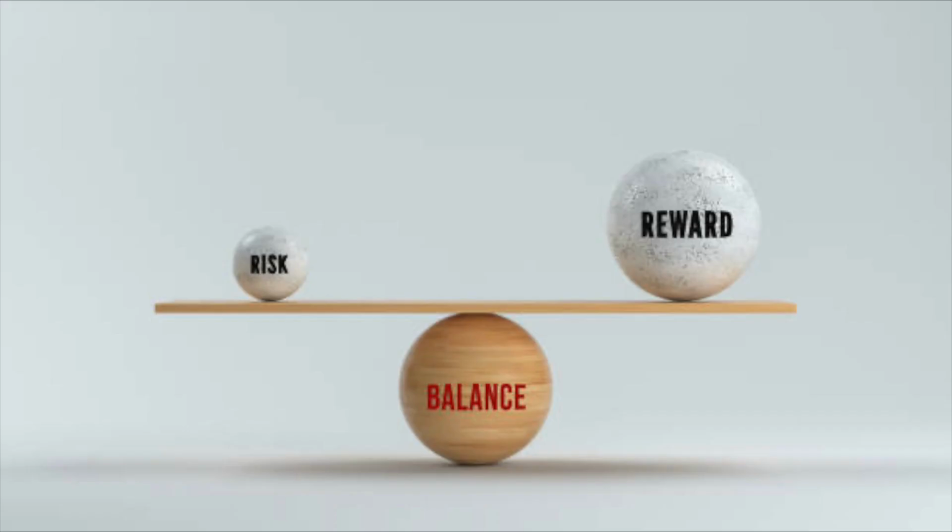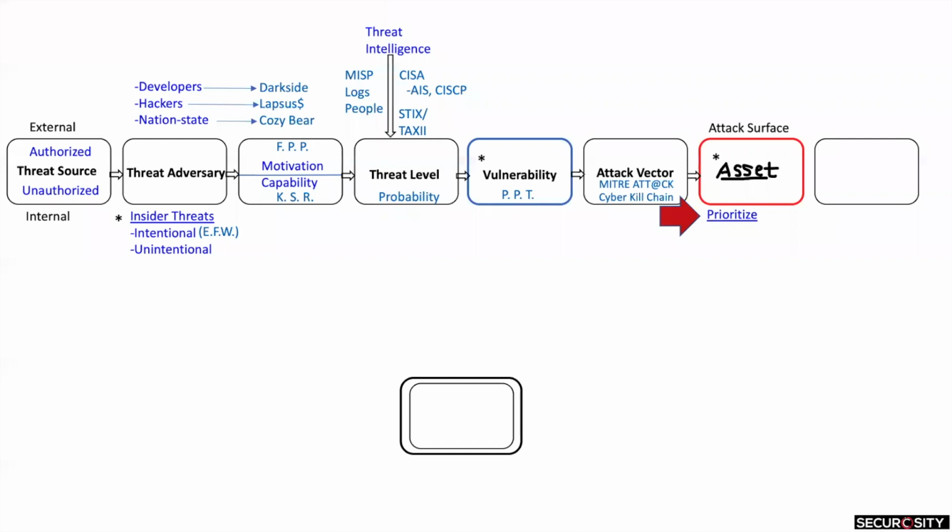Given our finite resources, we need to be strategic and judicious in how we use our resources to protect our assets. From a risk-based standpoint, we need to prioritize the assets that need protection and reduce the attack surface.